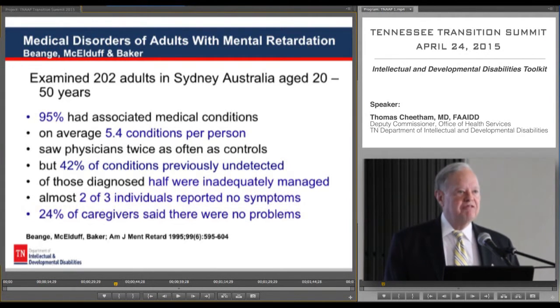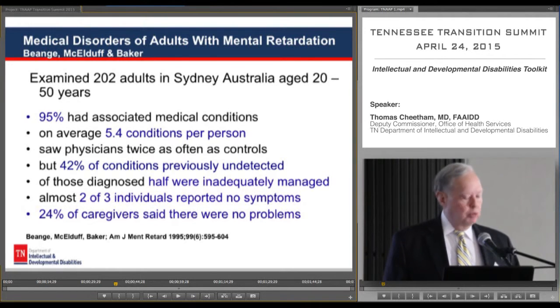On average, they had 5.4 diagnoses per person. They saw their physicians more often, but over 40% of the conditions weren't detected before she examined them as part of her study. Even those that were detected weren't adequately managed.